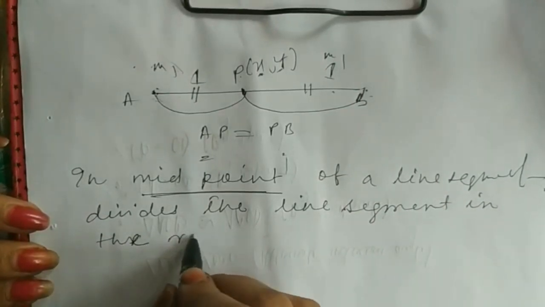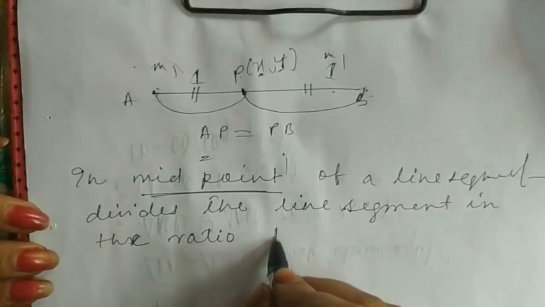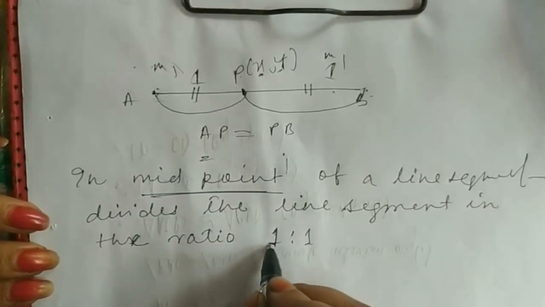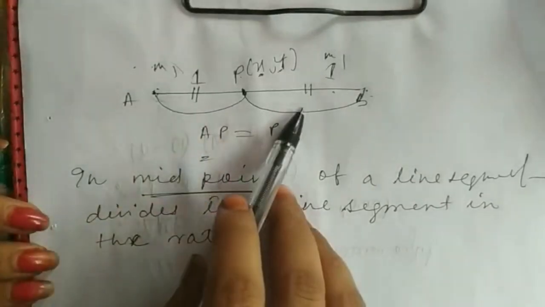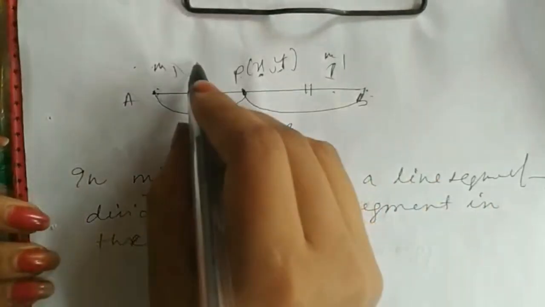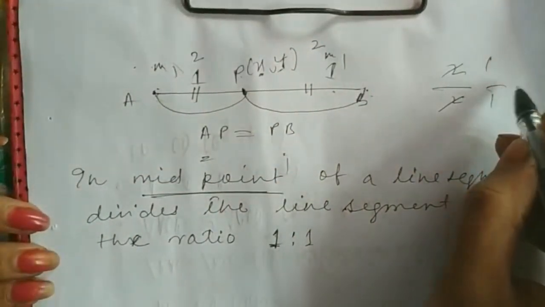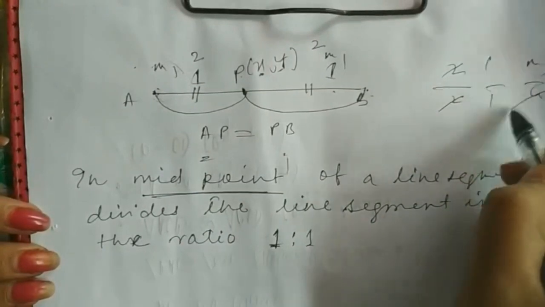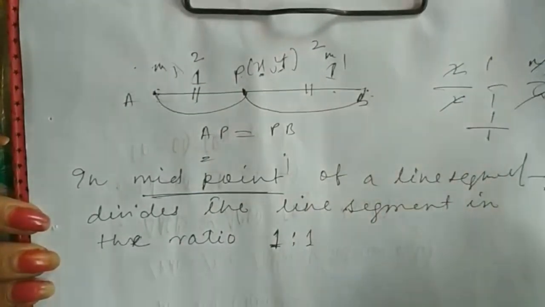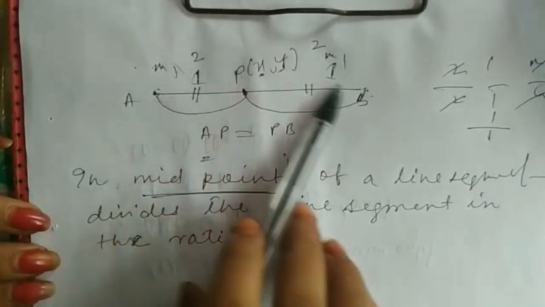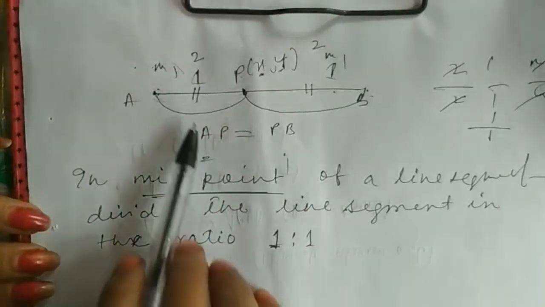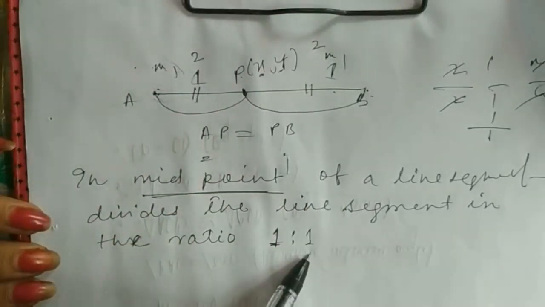That means in the ratio 1:1. If this one is 1, this one is obviously 1. If this is 2, this one is obviously 2. 2 by 2 is what? Obviously 1:1. For any number, M1 by M2, they cancel, giving 1:1. So if this is the midpoint of AB, then obviously the ratio of these two is 1:1.